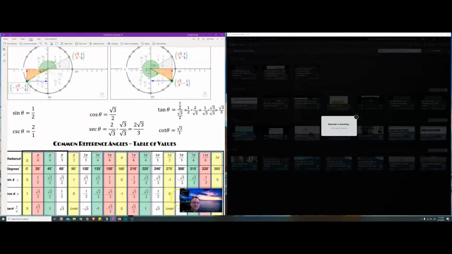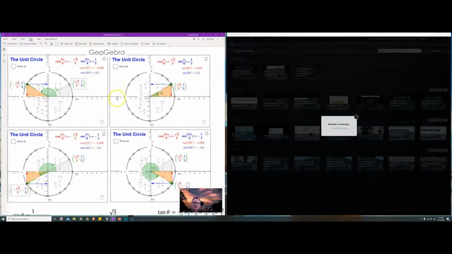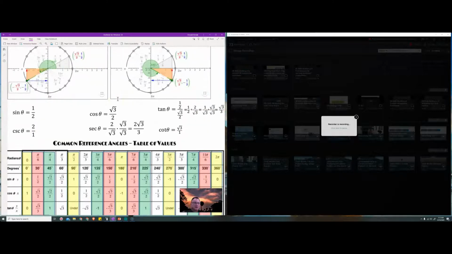So for this section, here are your different values. This is in the first quadrant. Then here is the work on how, when you end up with radicals in the denominator, what you've got to do. Okay, we have to rationalize.